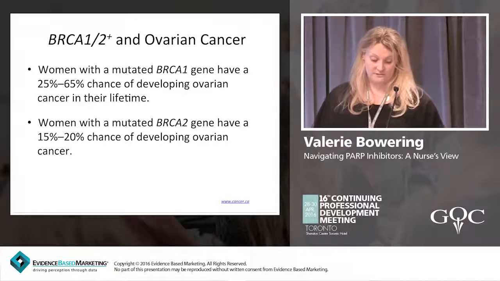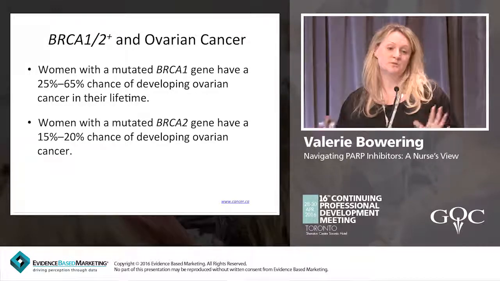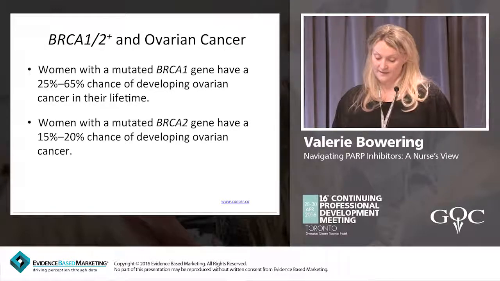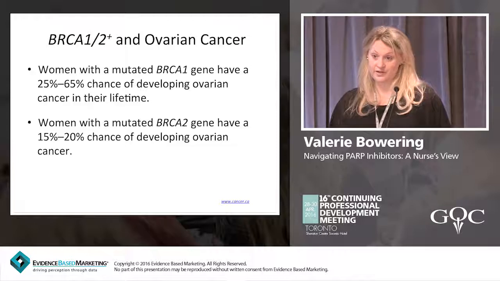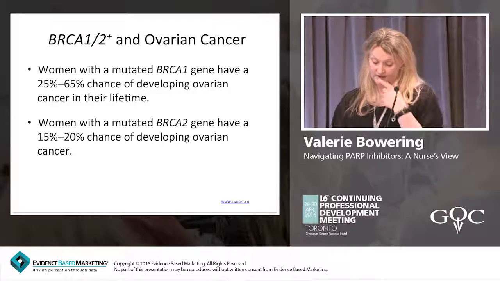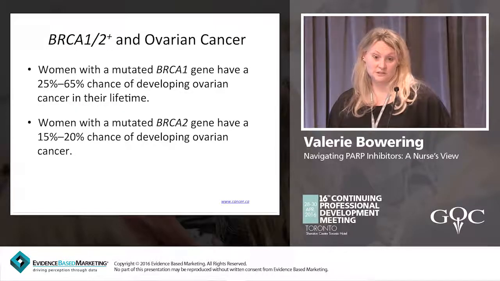So there is a bit of a difference, just to outline it, and I'm sure most people in the room probably know that women with mutated BRCA1 gene have a 25 to 65% chance of developing ovarian cancer in their lifetime, and women with mutated BRCA2 gene have a 15 to 20% chance of developing ovarian cancer. So there is an actual difference between the genes.